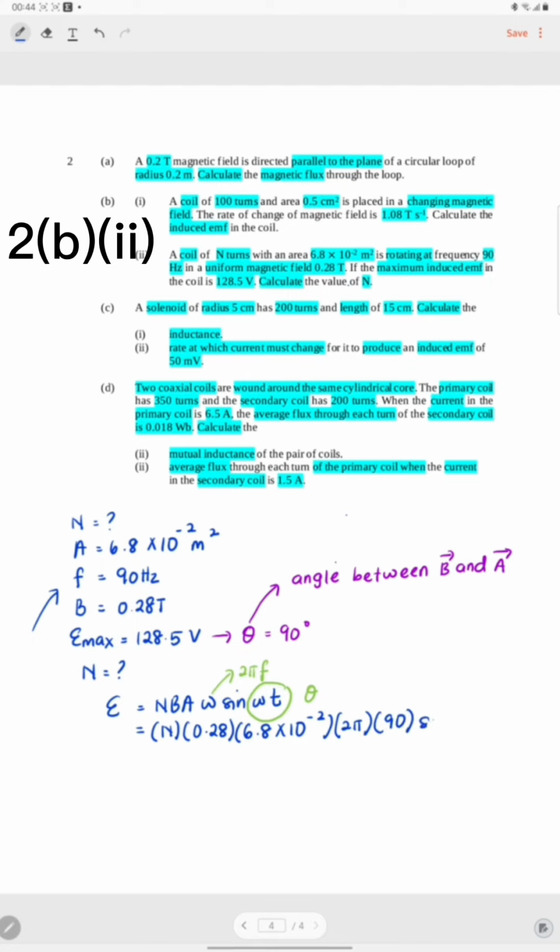The sine theta here I can replace with sine 90 degrees. So we press our calculator, making N the subject. You get 11.93, so it's approximately 12 turns.